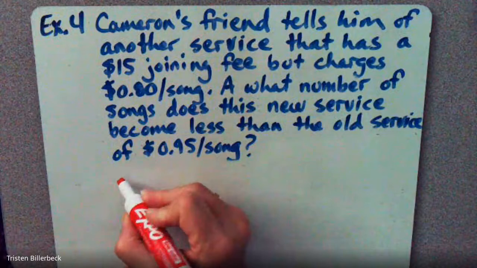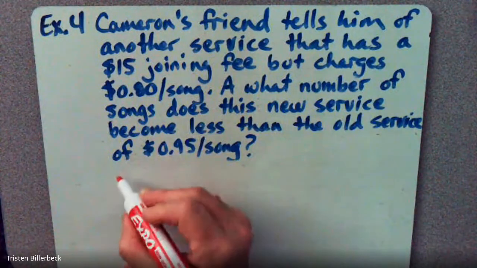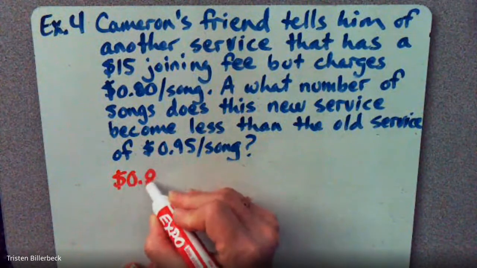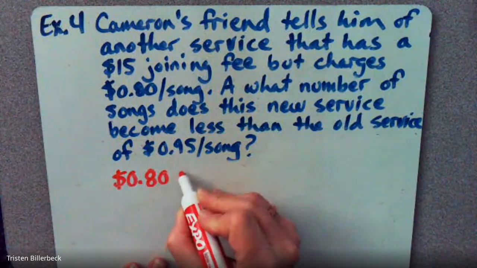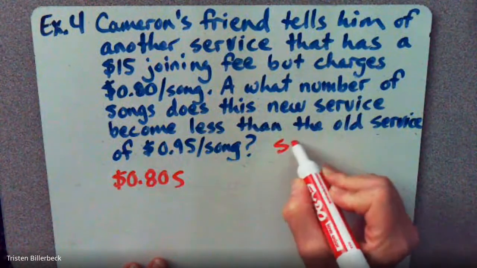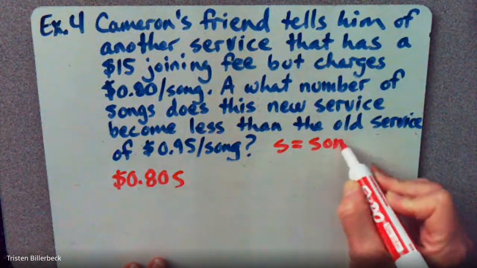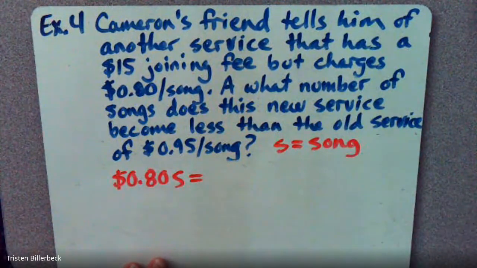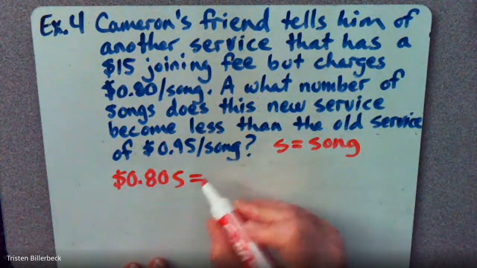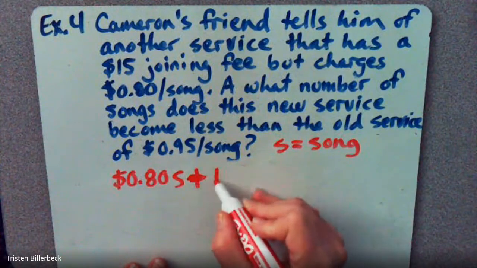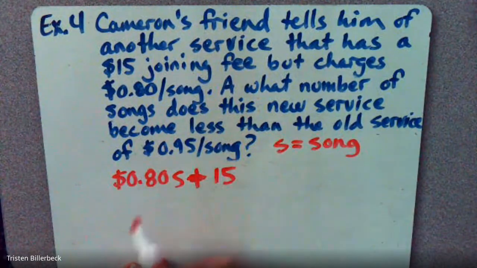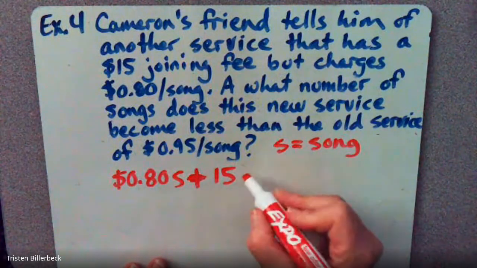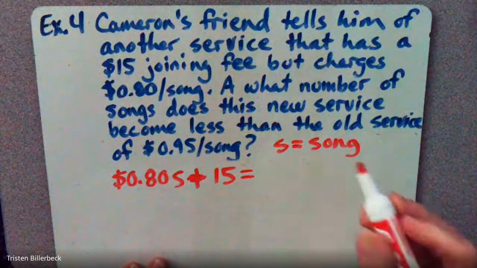Okay, so we're going to take this new service, which is 80 cents a song, and I am going to define my variable s equals song, so I do not forget what my variable means. And then, oh, but I had to add $15 for the joining fee, so there you go. So this varies depending on how many songs I buy, but that one-time joining fee stays one time.